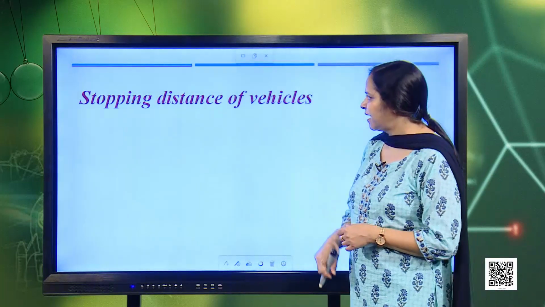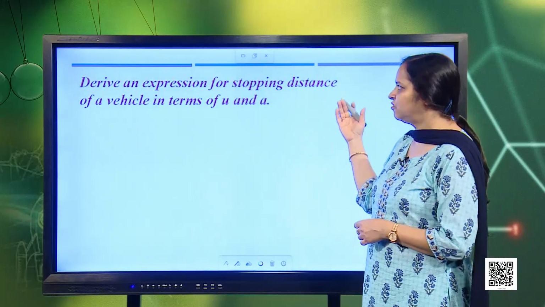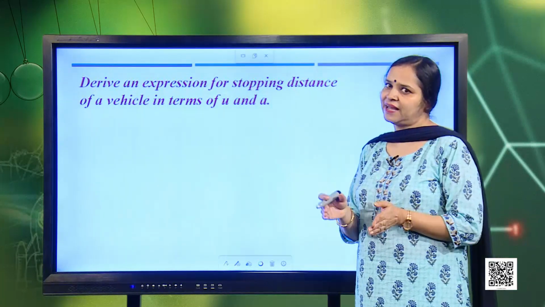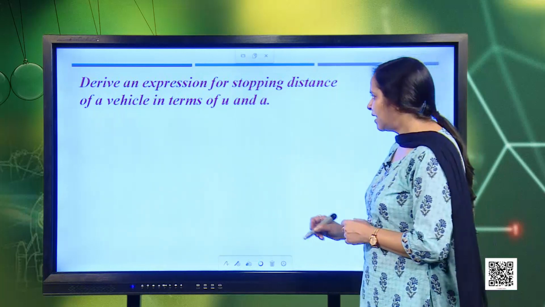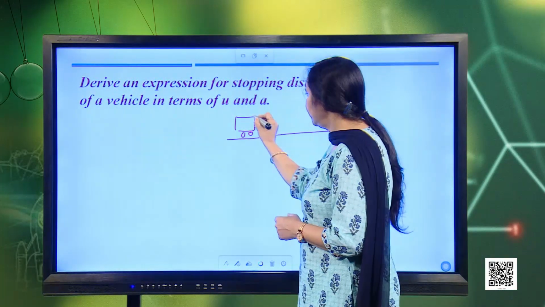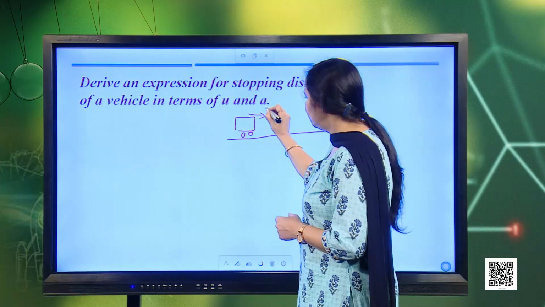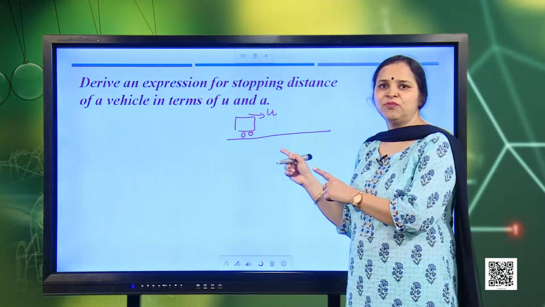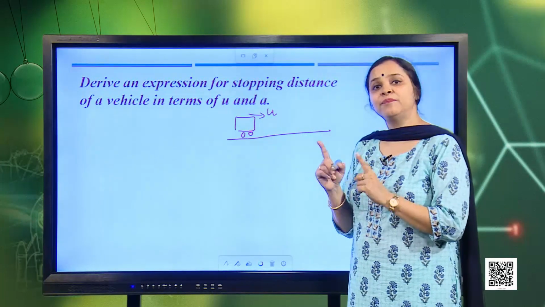Now let us derive the expression for the stopping distance of a vehicle in terms of the initial velocity and the acceleration. Again I consider the same situation. A vehicle is moving with some velocity u at a particular instant, and at this moment the driver applies the brakes.